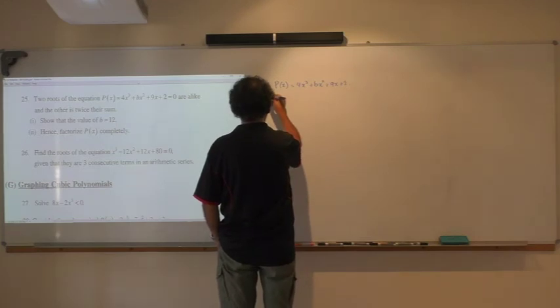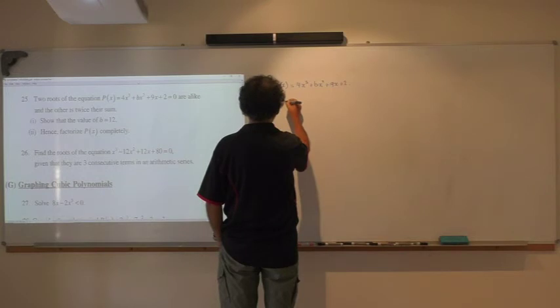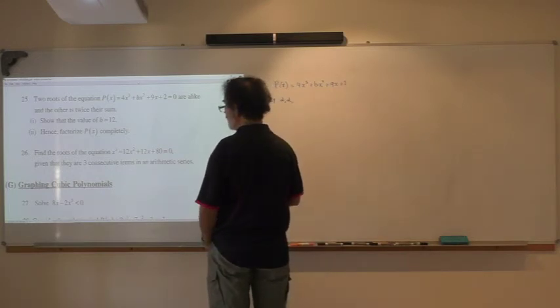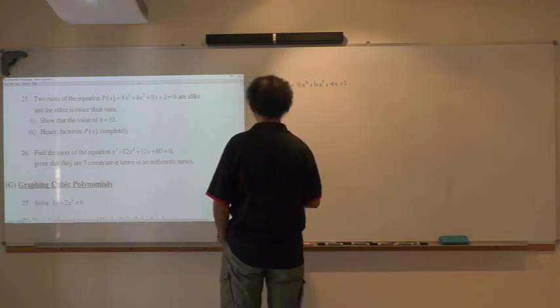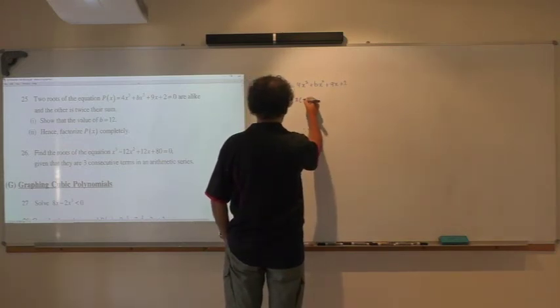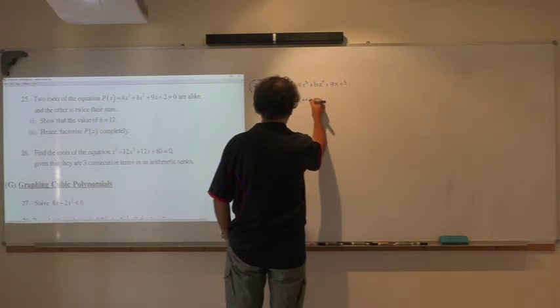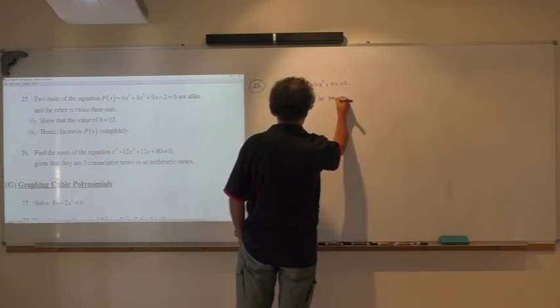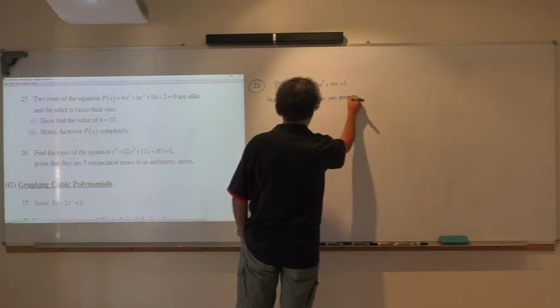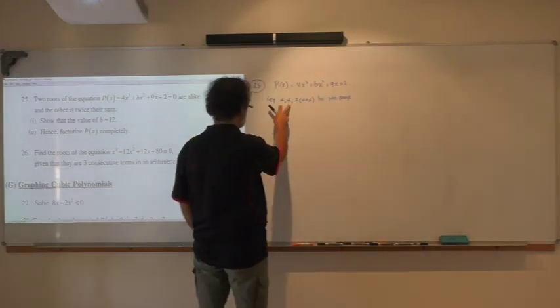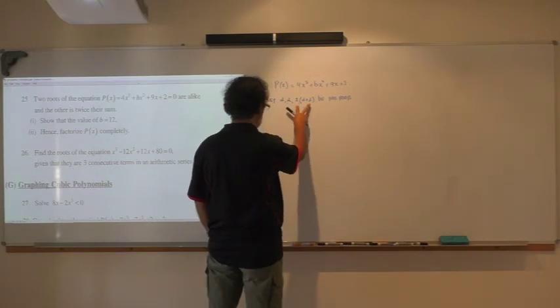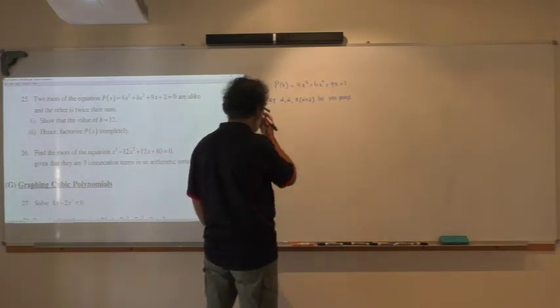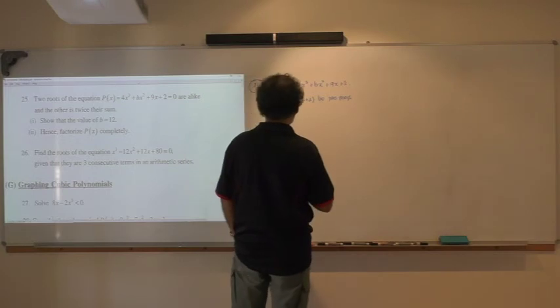Let alpha and alpha be the first two, and the other one is twice the sum of them, so twice alpha plus alpha. Be the roots. That's what they are saying.